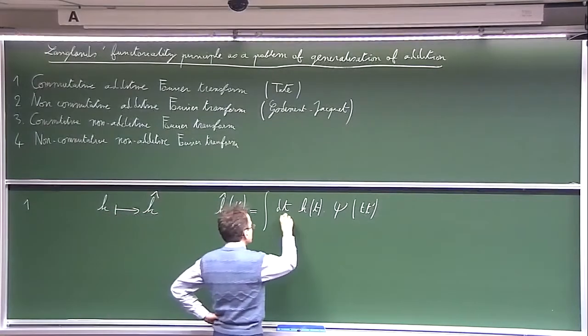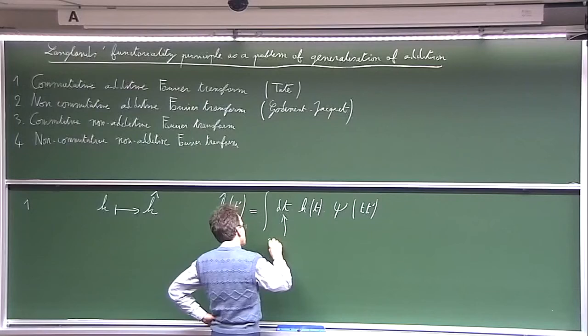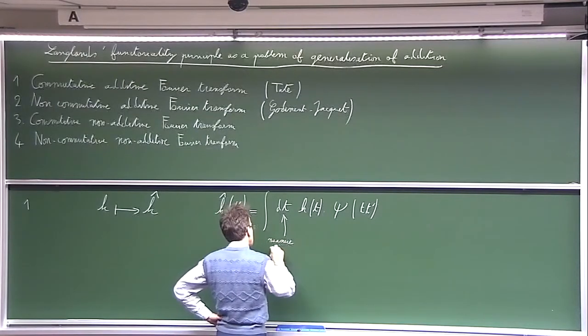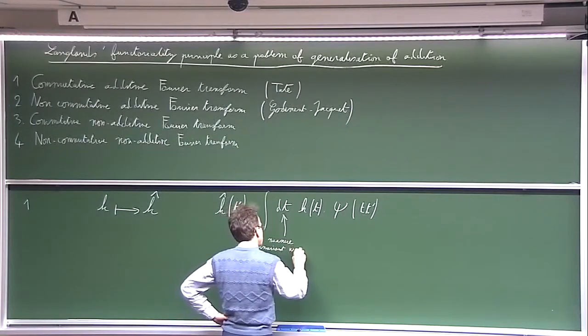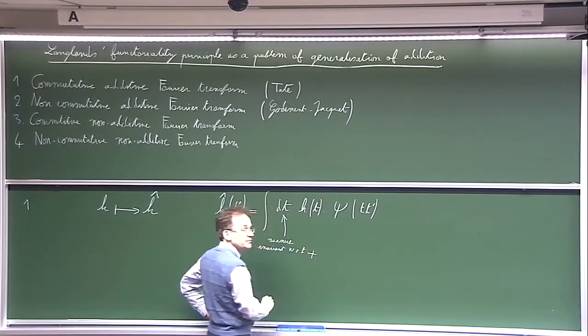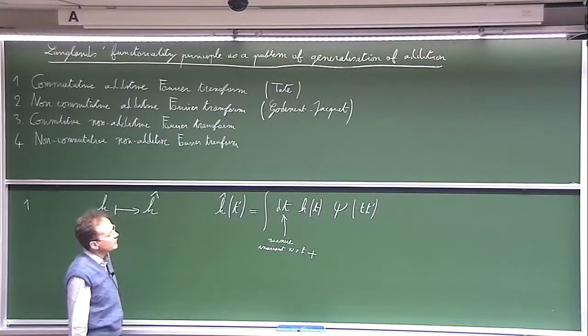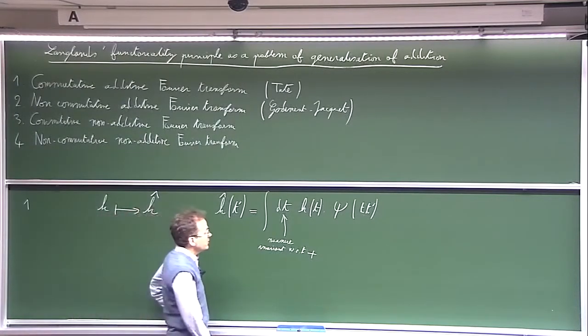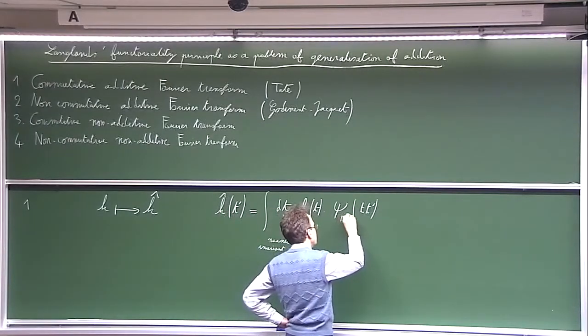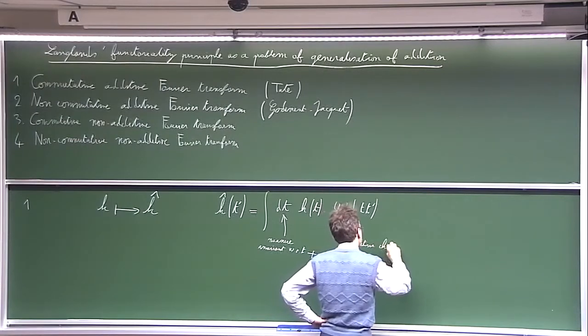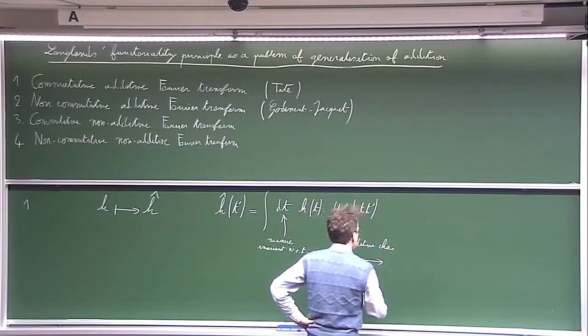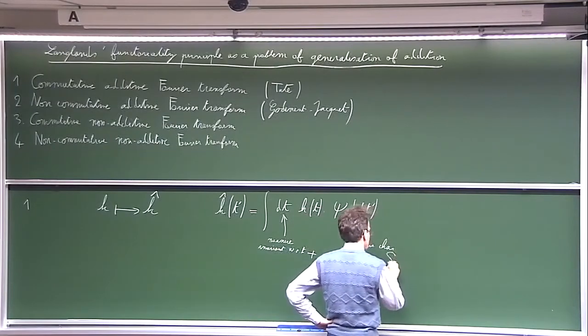So first here you have a measure. I want this measure to be invariant with respect to addition. So in fact this is the first appearance of addition in this formula, the first reference to addition. Secondly, I want this to be an additive character. So what does it mean? It means first it has to go to the circle.